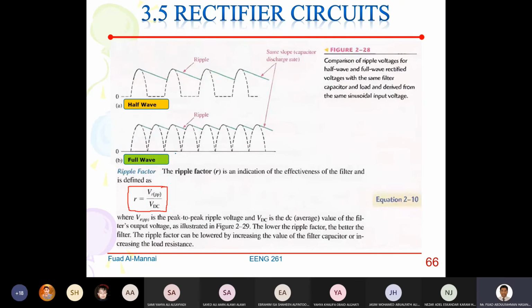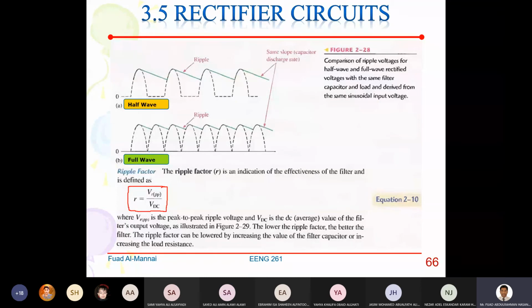As you can see here, this is half wave. It's supposed to be like this, but because we put the capacitor, it goes like that. So the output will not be as bad; it will be smoother like that, and we call this ripple. This is for half wave. Now imagine if we do the same thing for the full wave rectifier.